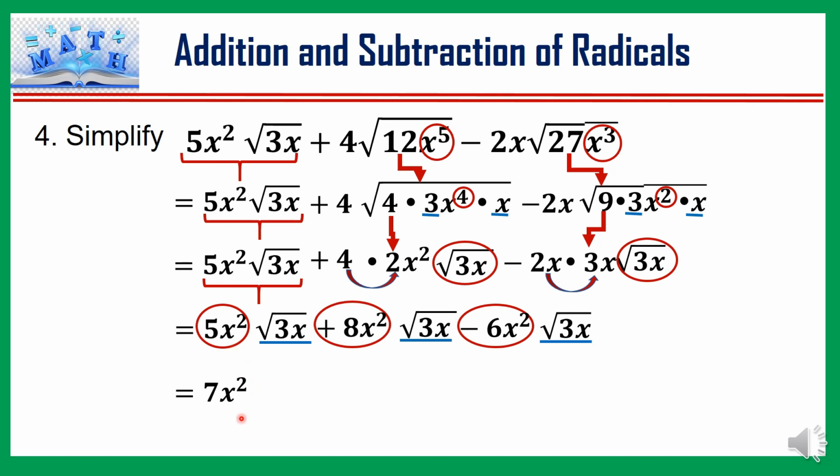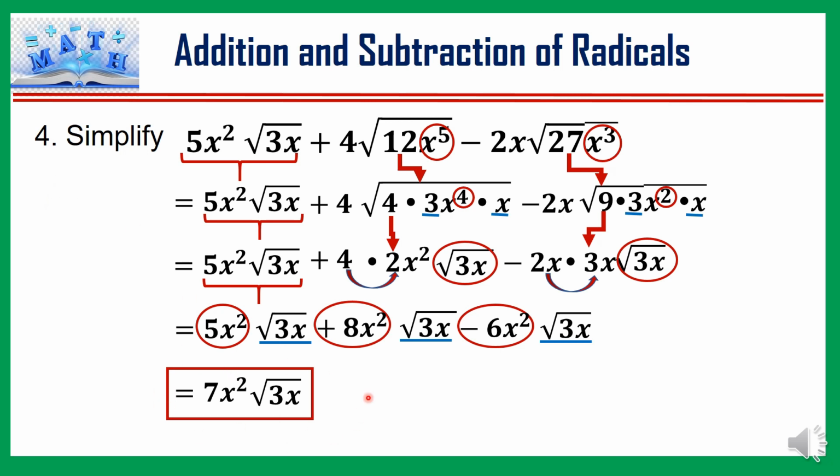So, magiging 7x squared. Then, anong gagawin niya ulit dun sa ating like radicals? Okay, we're going to copy like radicals. So, meron tayo ngayong 7x squared square root of 3x. So, this is the final answer for number 4 example.